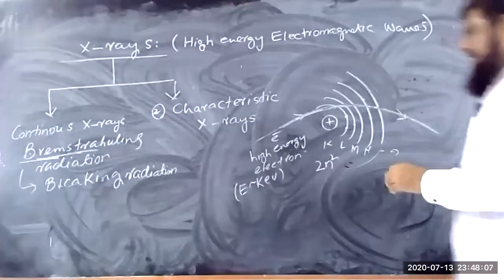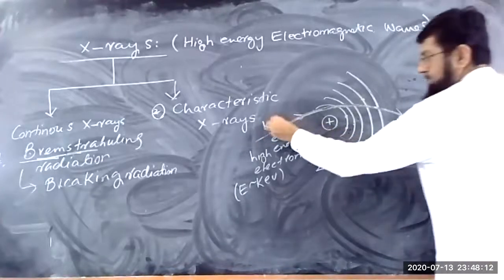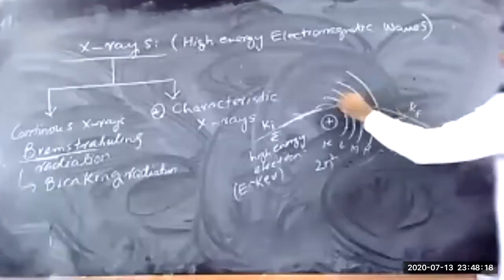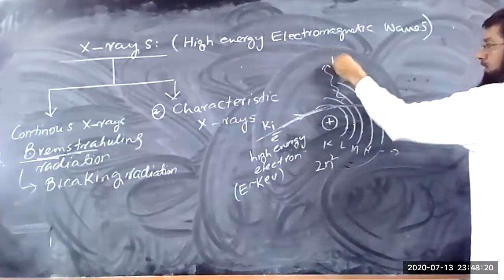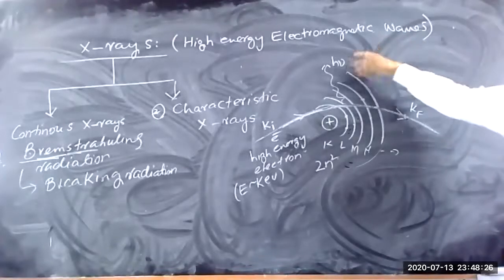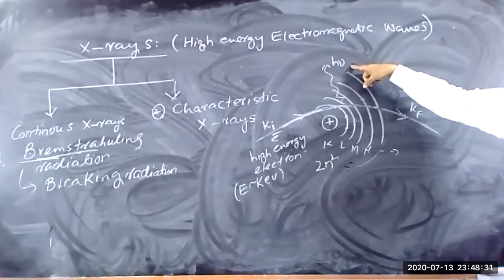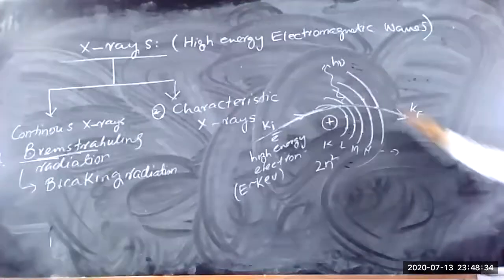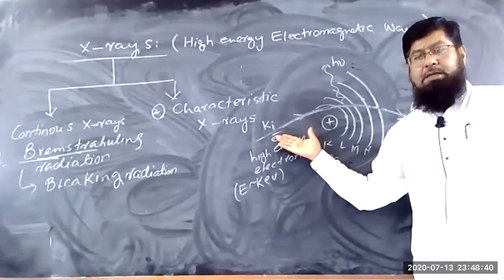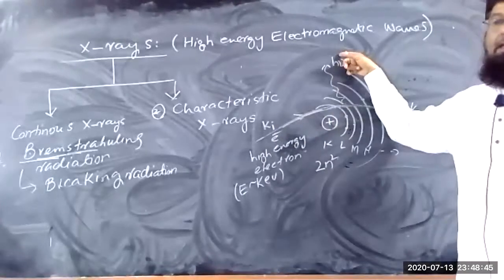So if we say its initial kinetic energy is Ki and the final energy is Kf, then the electron emits energy in the form of electromagnetic radiation, equal to h nu. This h nu is the energy of the radiation coming out due to the deceleration of the electron. According to the law of conservation of energy, energy can neither be created nor destroyed, so it is converted into electromagnetic radiation.